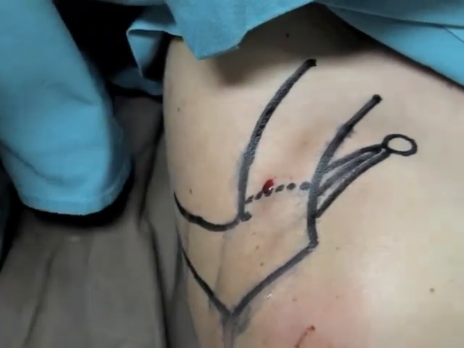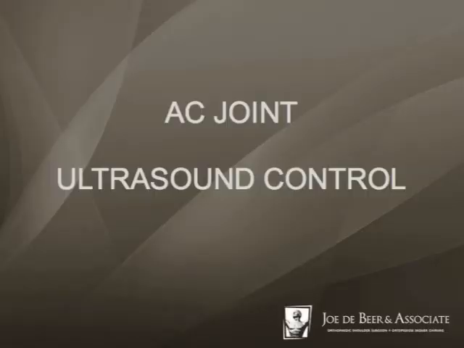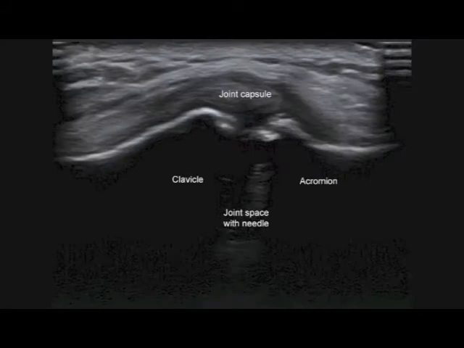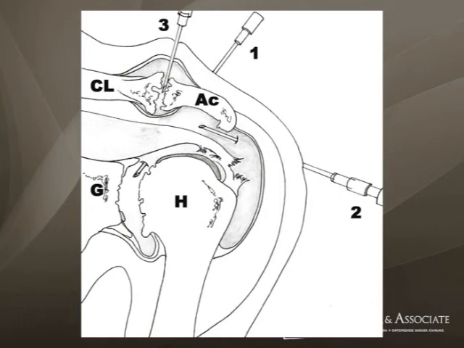This injection can also be given under ultrasound control, which makes it a bit easier, but is not entirely necessary. In this picture one can see the needle between the clavicle and acromion and the fluid entering the AC joint. The joint capsule is shown and the joint space with the needle.